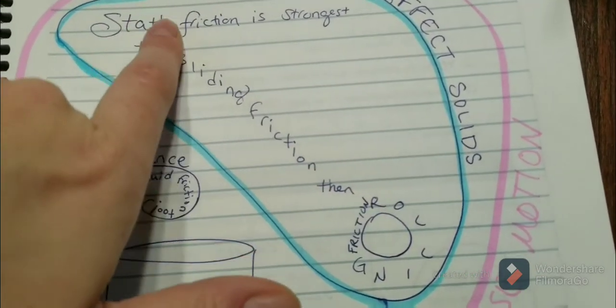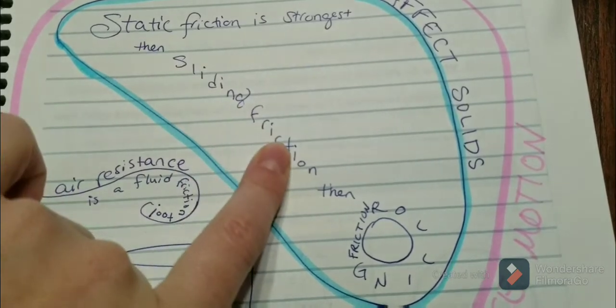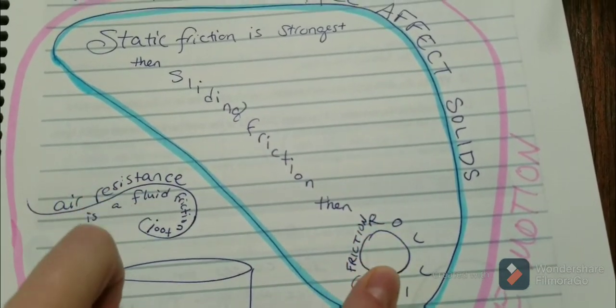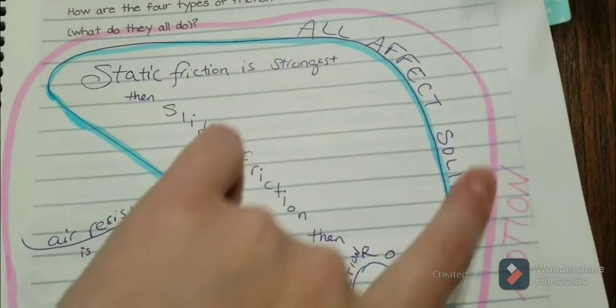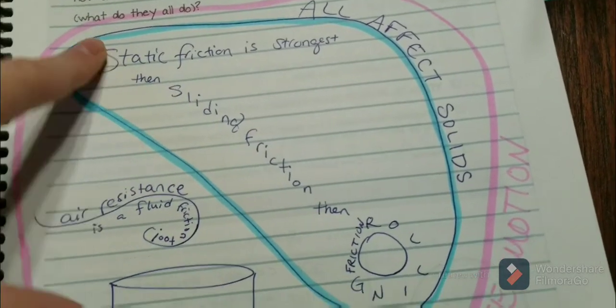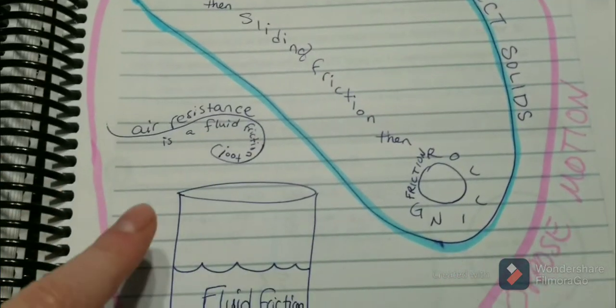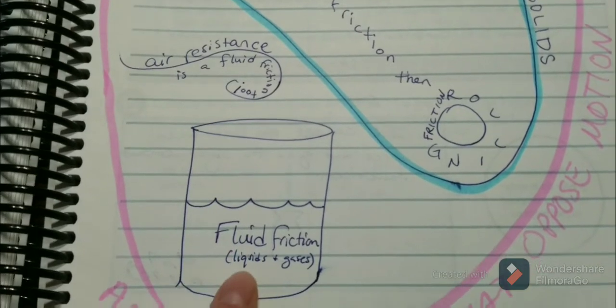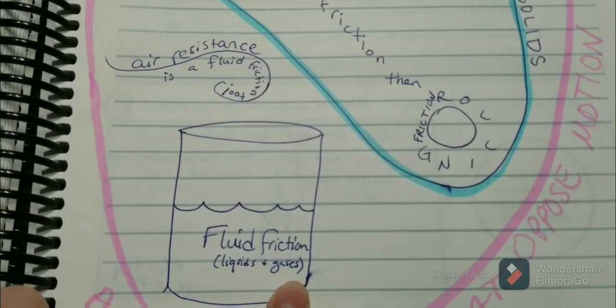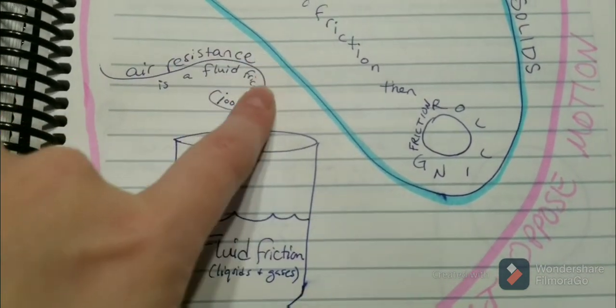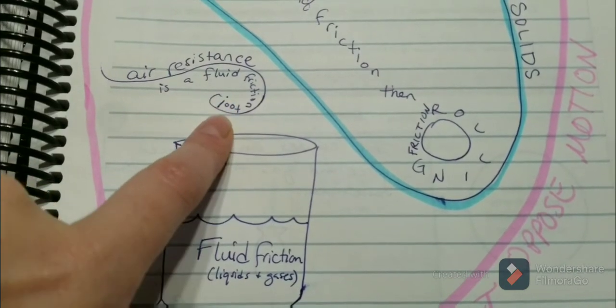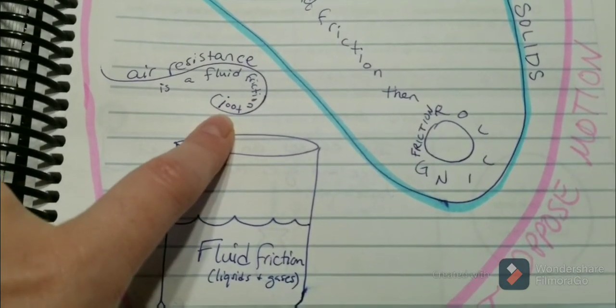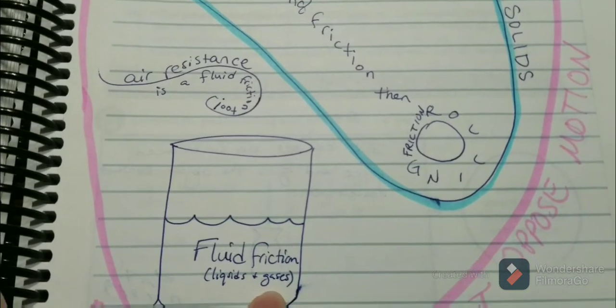But so static is strongest, sliding is next, and then rolling friction is next. And all of these 3 affect solids. Okay, and then over here we have fluid friction, which is liquids and gases, and air resistance, which is also a fluid friction too, because it's gas, right?